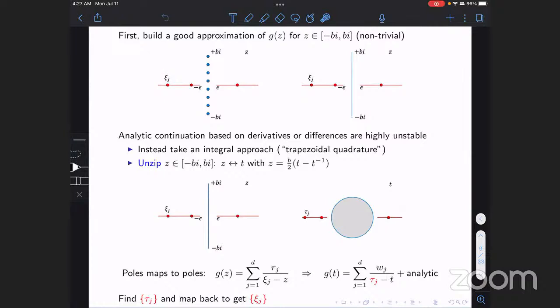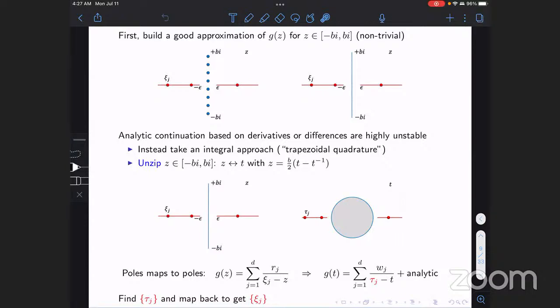You see from this figure that unzipping transforms this strip from -bi to bi on the imaginary axis to the unit circle, and the complement of the imaginary strip has been pushed outward. The real axis remains the real axis, and the poles are also pushed outward a little bit.